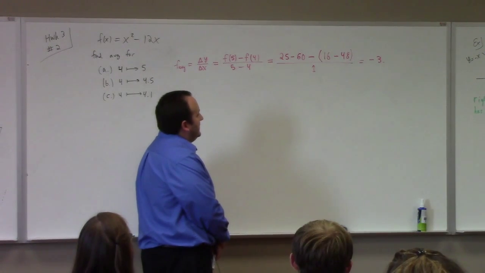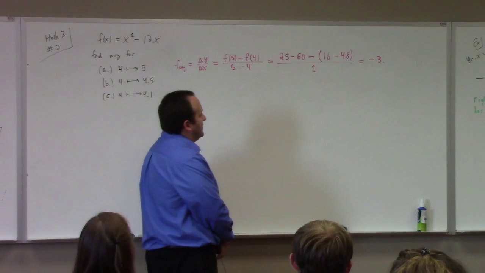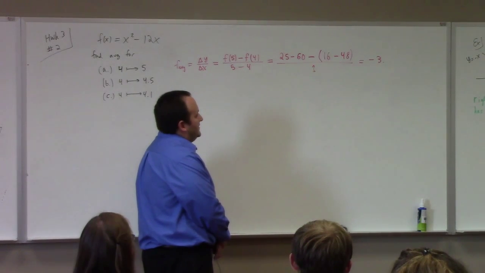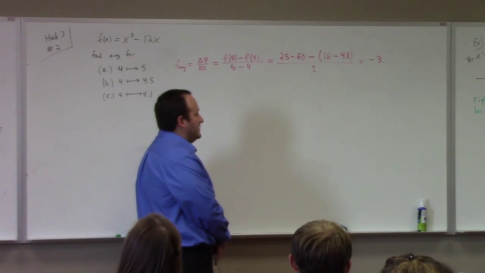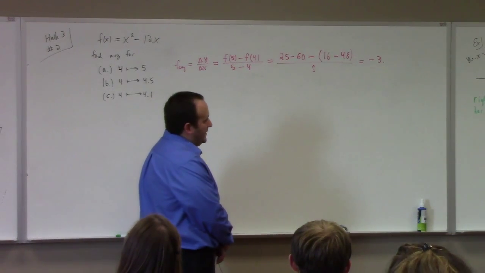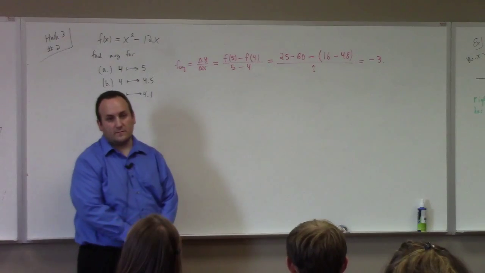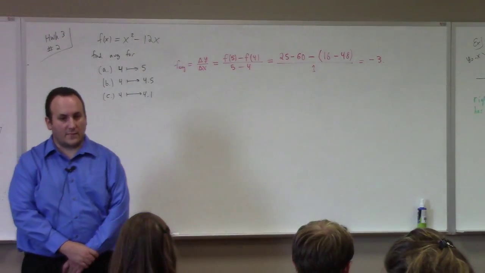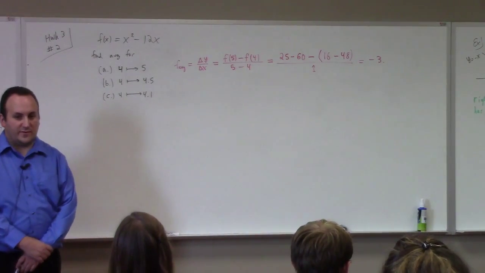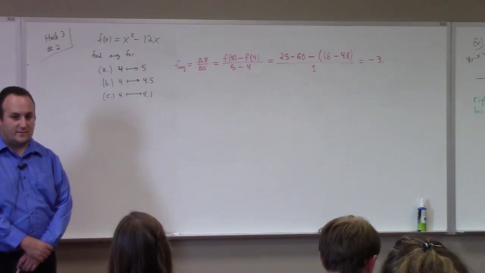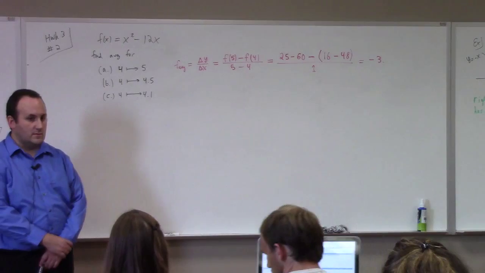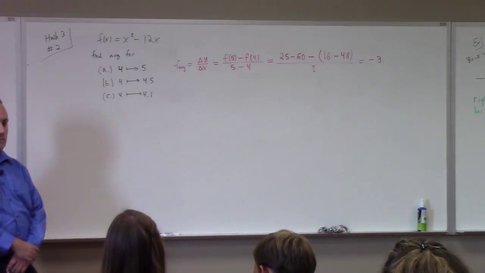Twenty-five minus 60 is minus 35. Minus 35 minus 16 is minus 51. Minus 51 plus 48 is minus 3. So I'm either wrong both times or right both times. Anyway, I'm still going to say minus 3. Is that what you got? I think I did essentially the same thing, and I got it right for the first one.